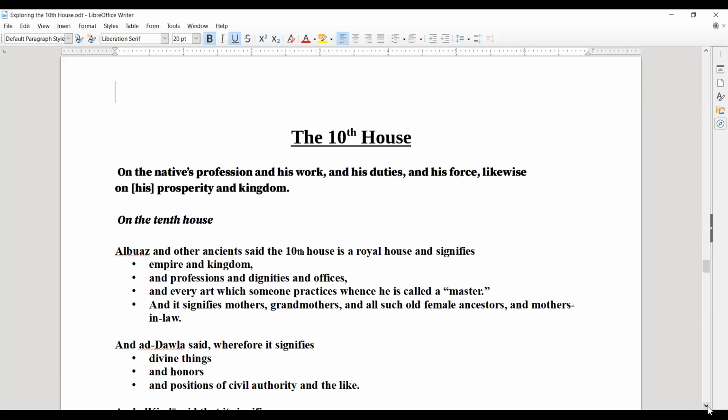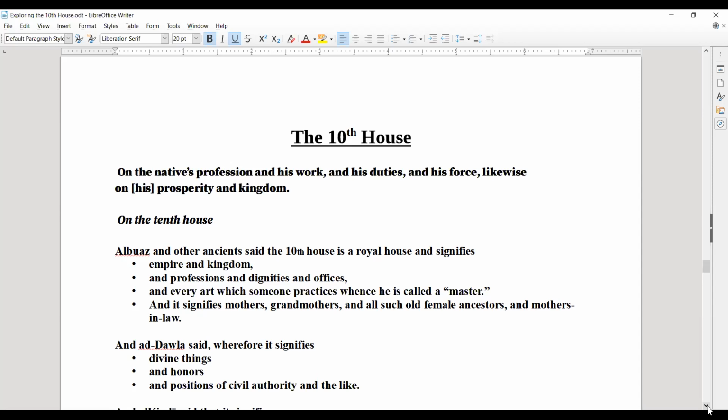And two, we can apply it to what we're about to do. And that's the most important thing, because all we're doing is looking at planets and where they are. We're looking at the 2 ways in which planets can be dignified or strengthened or weakened: by essential dignity, which is by sign, or accidental dignity, which is by house. So on to the 10th house.